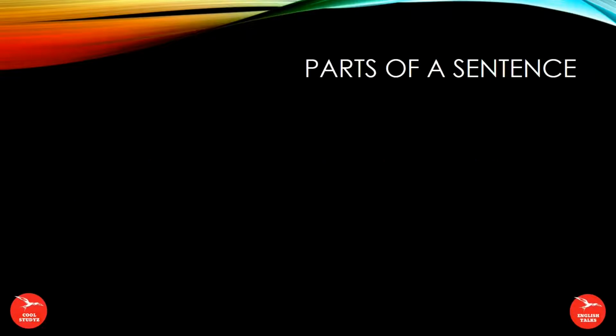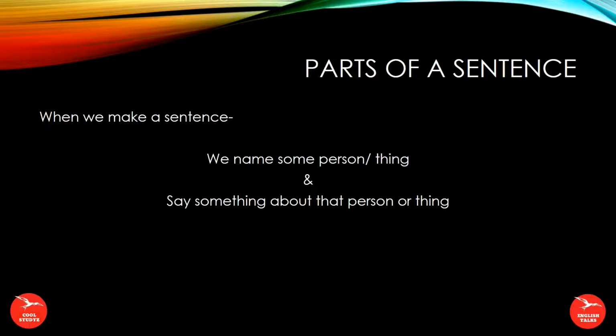All right, so that is all about a sentence, and let's quickly go through the parts of a sentence. See, when we make a sentence, we name some person or thing. If you observe any sentence, sometimes we name some person or sometimes we name something, things like phones, laptop, mirror, anything.